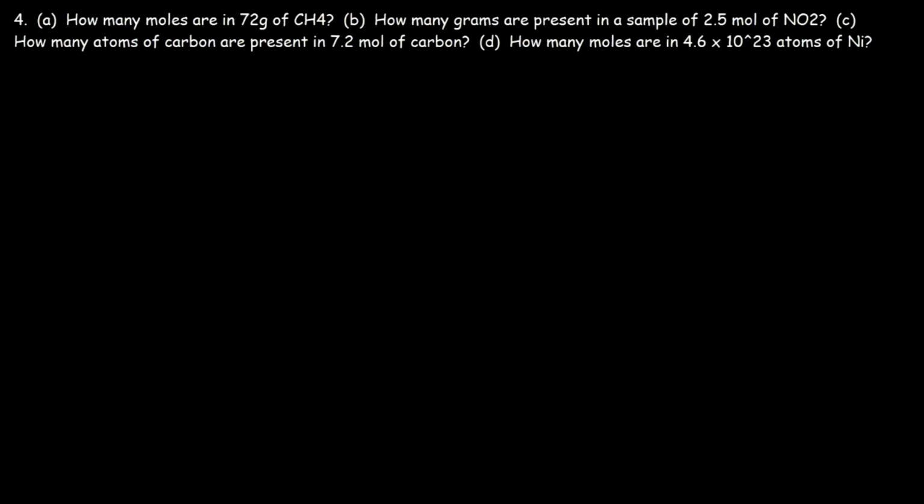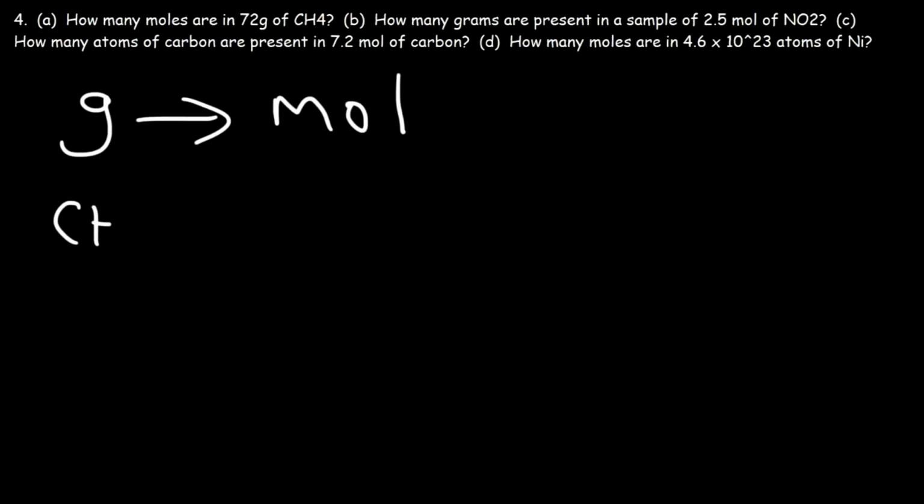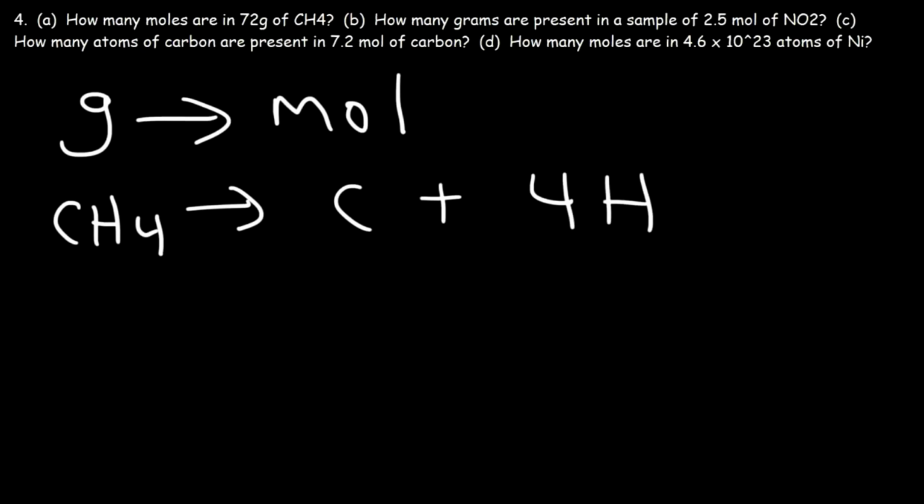So let's work on part A. How many moles are in 72 grams of methane? What we need to do is convert grams to moles, and the only way we can do that is by using the molar mass. So that's the first thing we need to do: find the molar mass of methane. Methane contains 1 carbon atom and 4 hydrogen atoms.